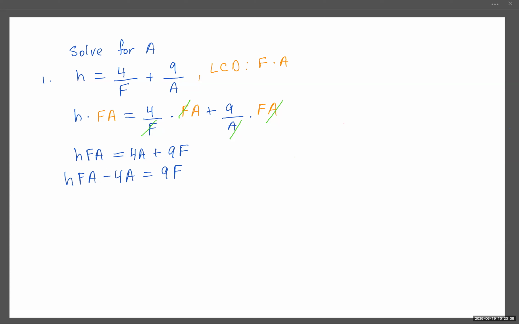Now what we have to do is factor the a from both expressions. A times hf minus 4 equals 9f. And the last step would be divide by the expression that's attached to a. A equals 9f divided by hf minus 4.